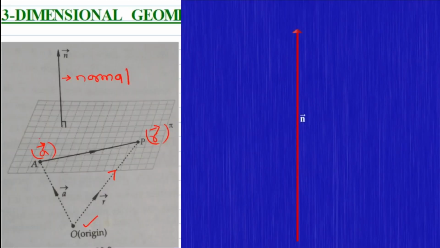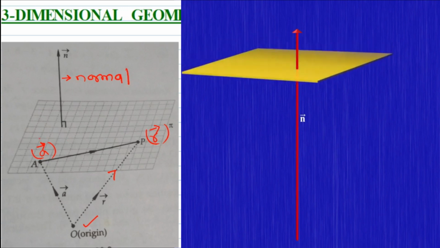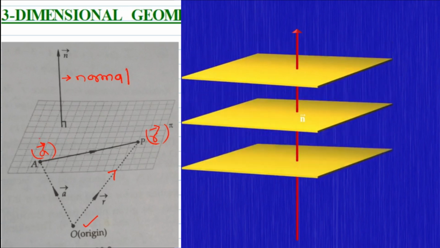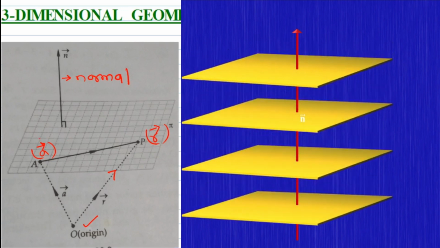Now to find the equation of the plane, first we will take one n vector in the space. Suppose you have to ask how many planes are there which are perpendicular to n vector. Your answer should be infinitely many planes, isn't it? Suppose one point A having the position vector A vector.